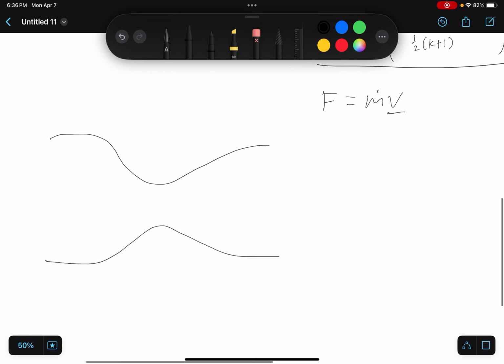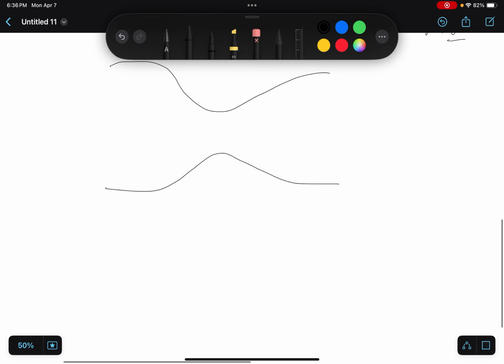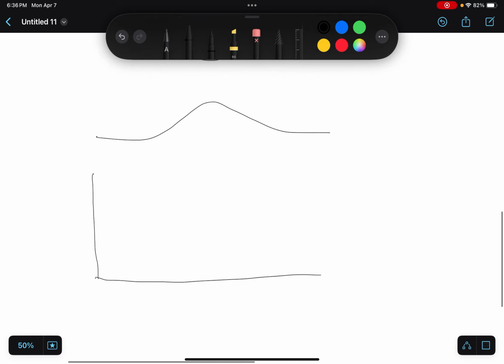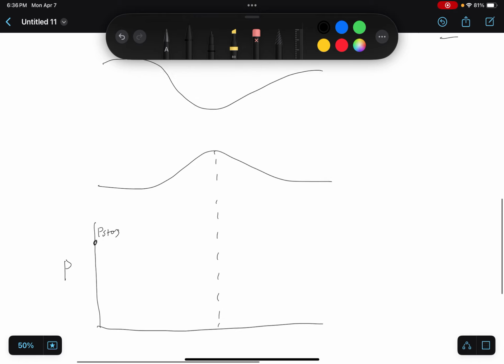So there is a case analysis for this. This is my plot. You have pressure, you have stagnation pressure, and you have the choke.